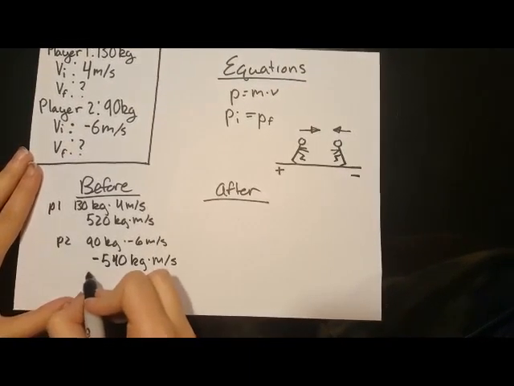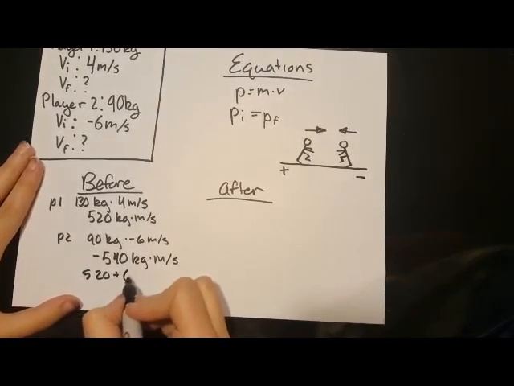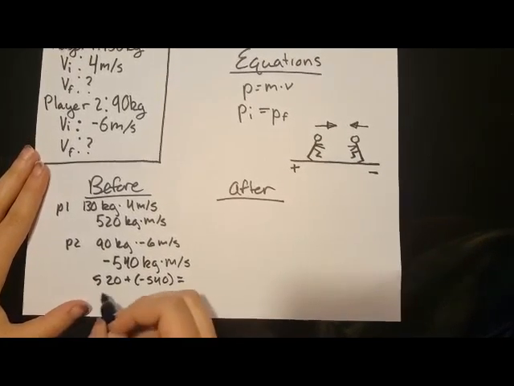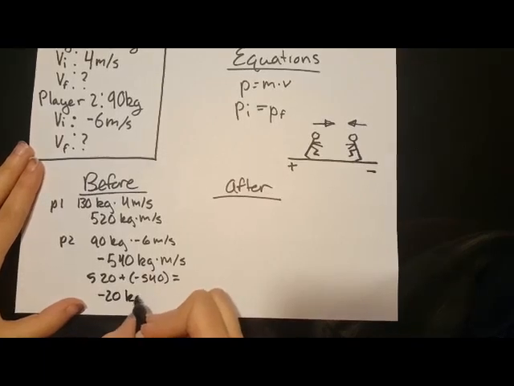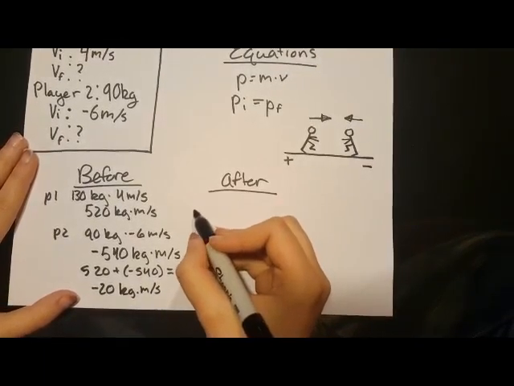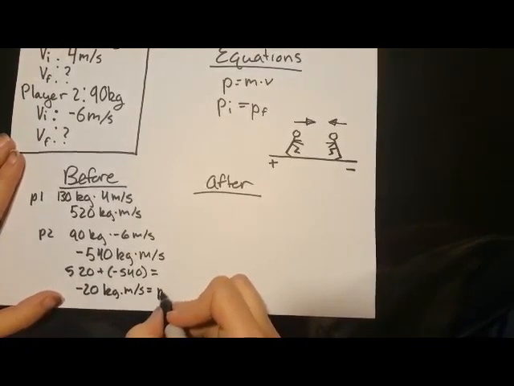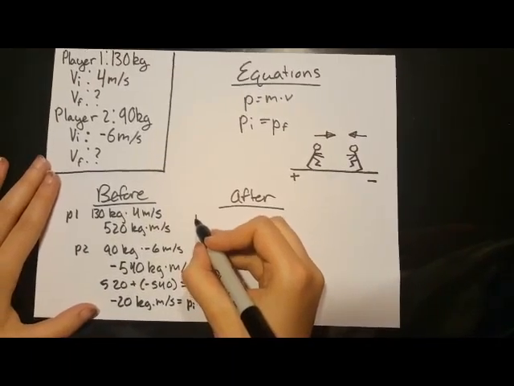Now we're going to add up the two results. 520 kilograms times meters per second plus negative 540 kilograms times meters per second equals negative 20 kilograms times meters per second. This answer is the momentum for the initial part of the equation.